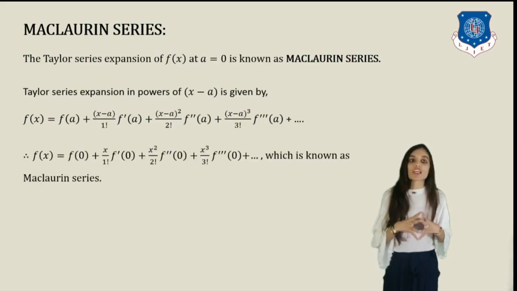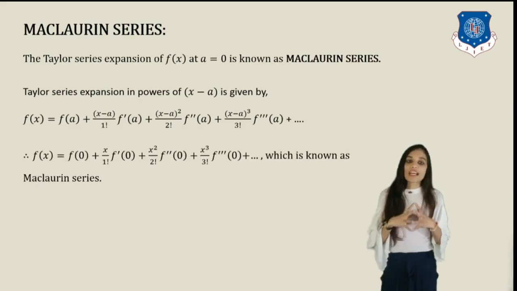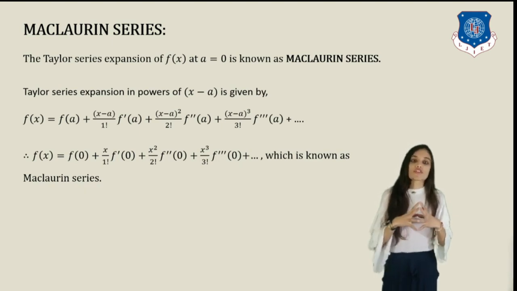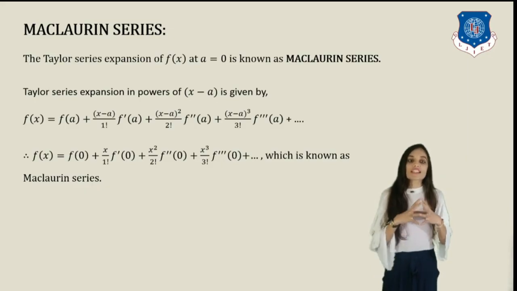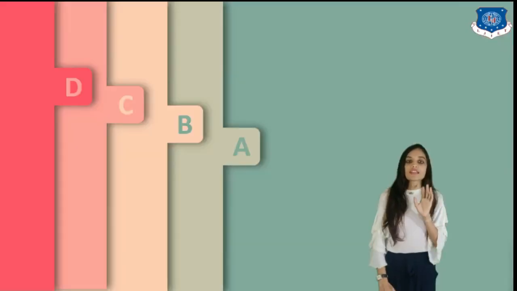Whenever we put a is equal to 0 in the Taylor series expansion, we will get Maclaurin series. So finally our Maclaurin series is f of x is equal to f of 0 plus x upon 1 factorial f dash of 0 plus x square upon 2 factorial f double dash of 0 plus and so on. So this is our Maclaurin series.